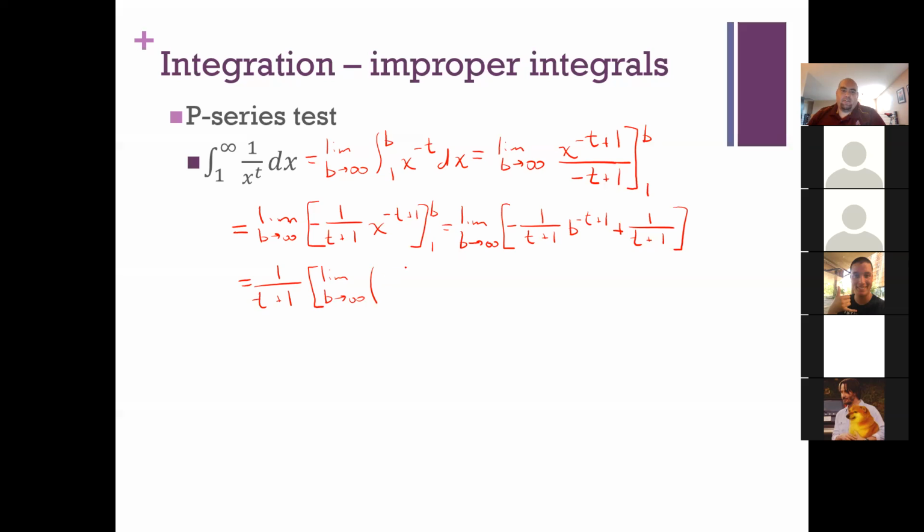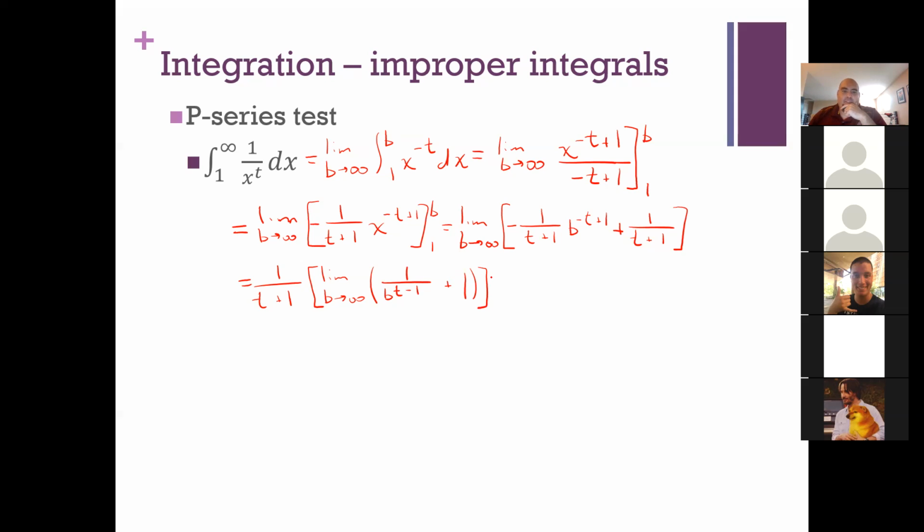This becomes 1 over b. And this should be t minus 1. And then plus 1. So now that we have this, I'll go ahead and stop here.